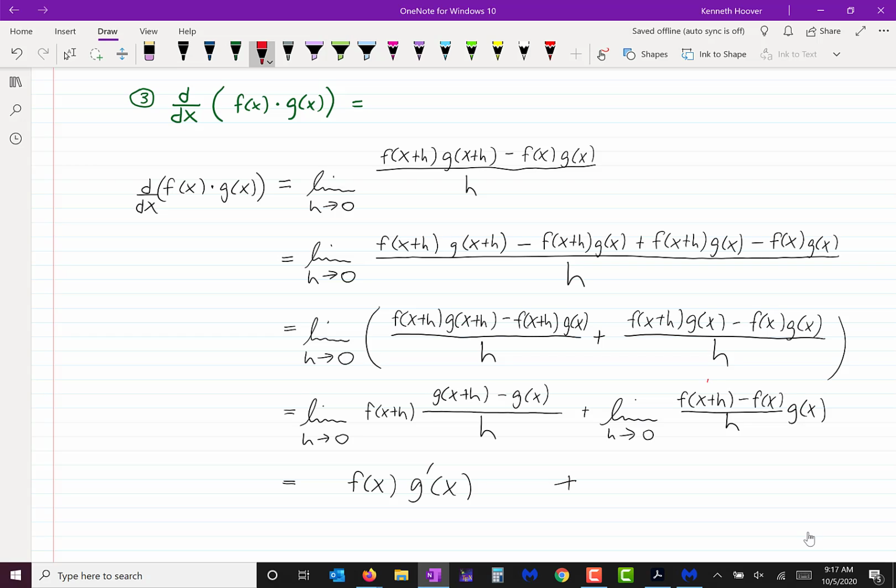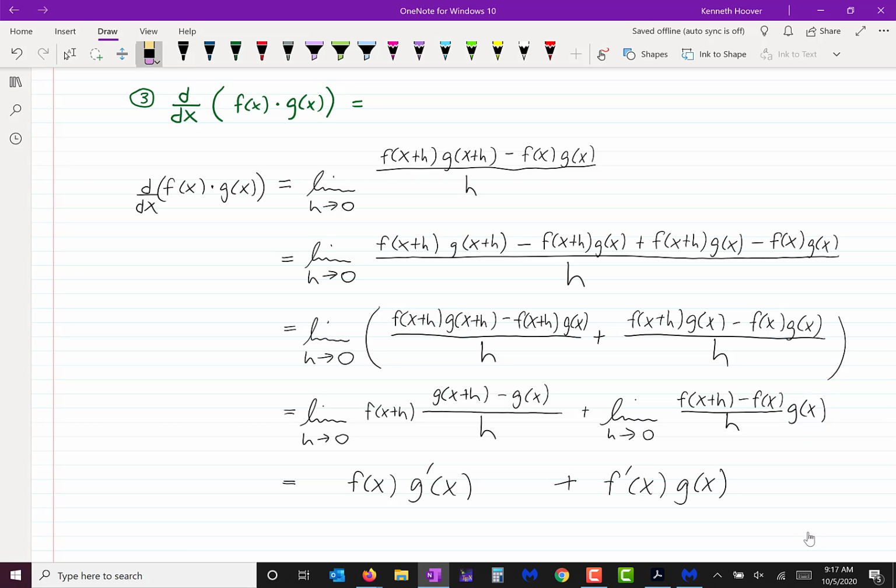What's the limit of this as h goes to 0? That's the thing that we call f prime of x. And then this one here doesn't even have an h in it, so there's no limit to worry about for that last one. And there we go.